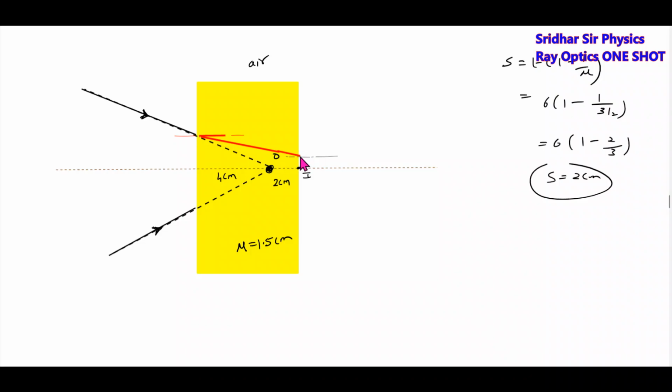So here the image will appear at this particular point. The shift will be produced at the boundary itself, and it will be a real image. O is a virtual object. What about I? I is real.